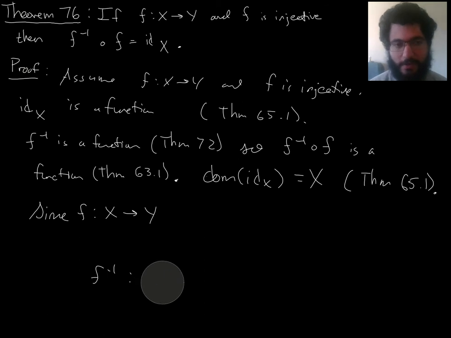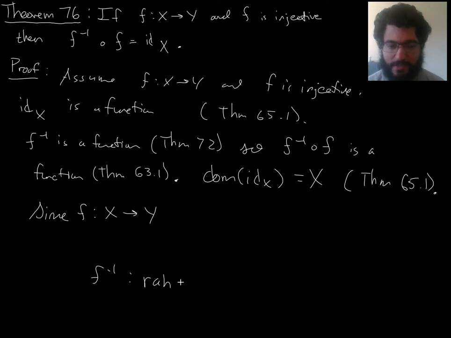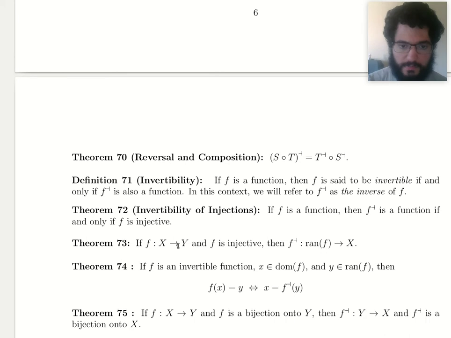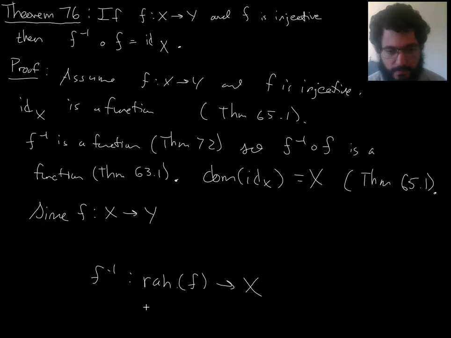So what do I know about f inverse in terms of a mapping statement then? I know that it maps whatever is the range of f, which might be smaller than y, to x. So that would be theorem 73 here. That was the presentation problem. So this is what I know.